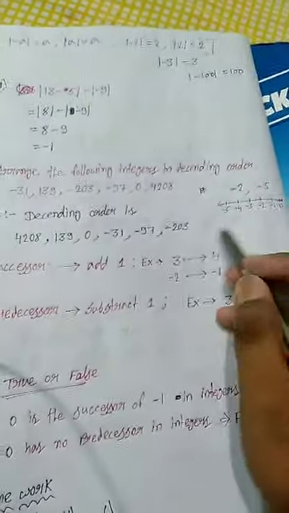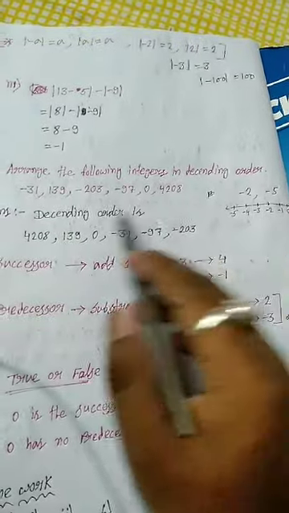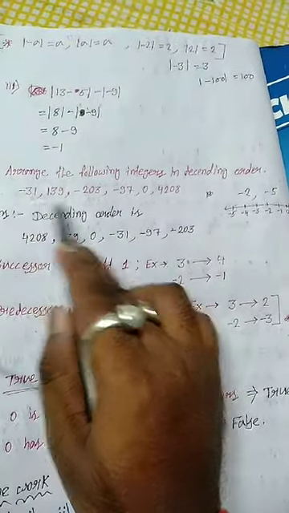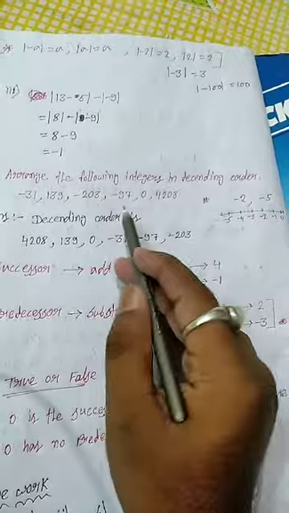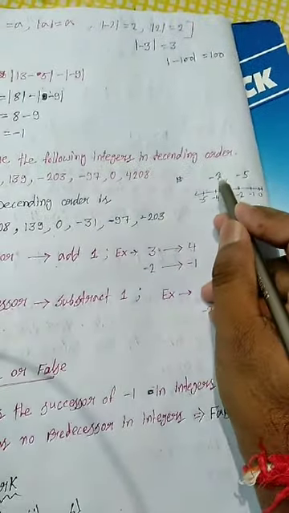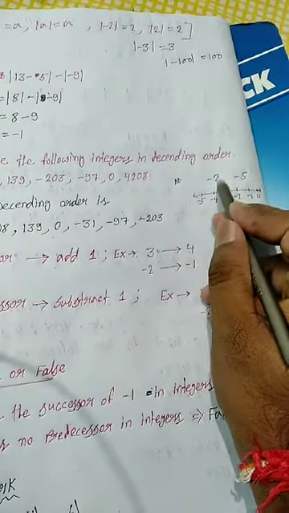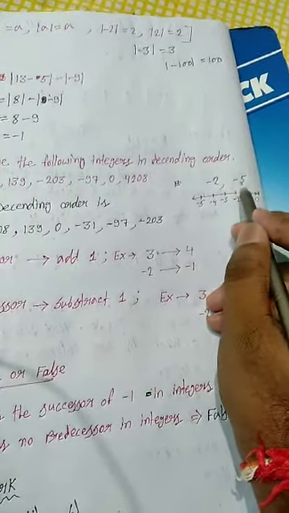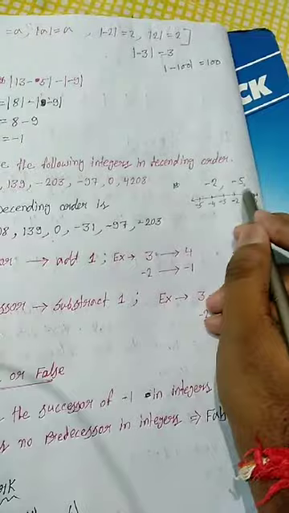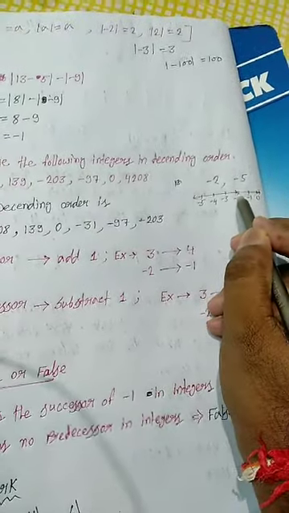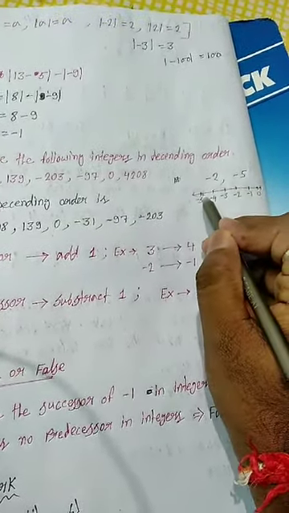Now look at the minus numbers. Which number is bigger among these three numbers? Suppose you are comparing these two numbers, minus 2 and minus 5. Which number is bigger between these two? Look, minus 2 is present here and minus 5 is here.